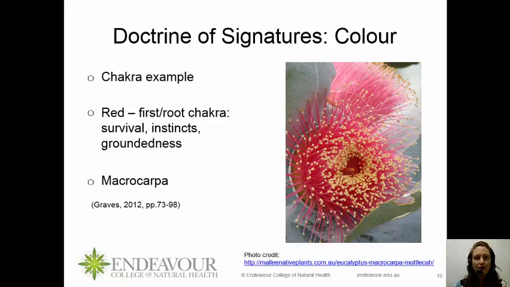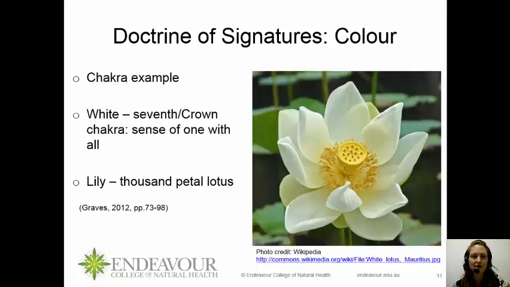Very earthy, very grounded. And Macrocarpa is one of the signatures, is this deep red colour that's associated with that fight or flight instinct component. Macrocarpa is for adrenal exhaustion. So when that fight or flight resource is being overused.